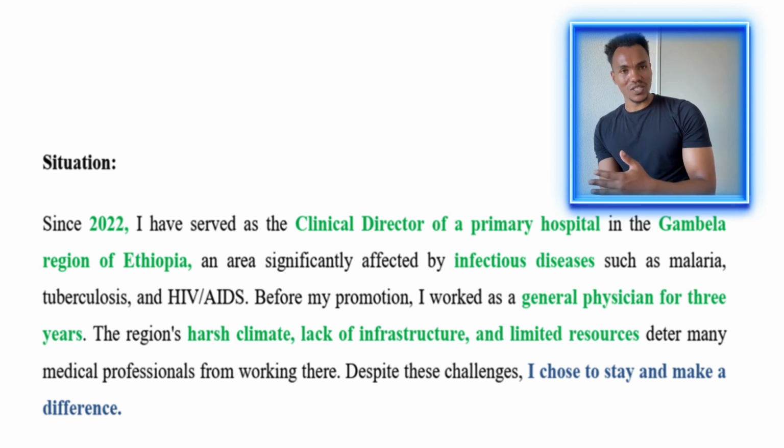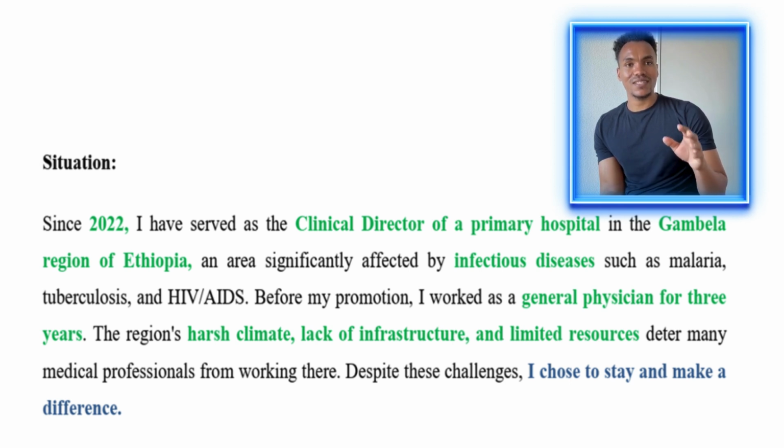Then the situation. In this essay, I use the STAR approach. So now describe the situation in the second paragraph. Mostly in the situation part, you have to answer the WH questions, like what, where, when, how.